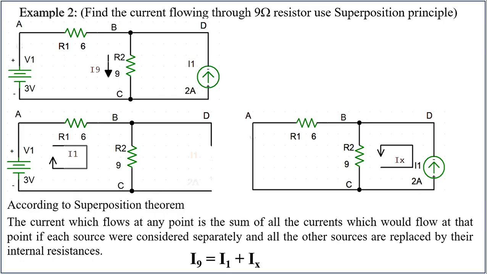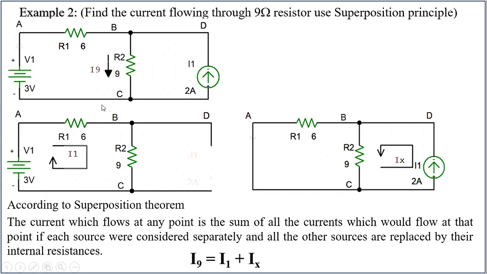Remember, if the internal impedance of the voltage source is not given, you have to replace it with a short circuit. If the internal impedance of the current source is not given, you have to replace it with an open circuit, nothing but infinite impedance, like this, right?